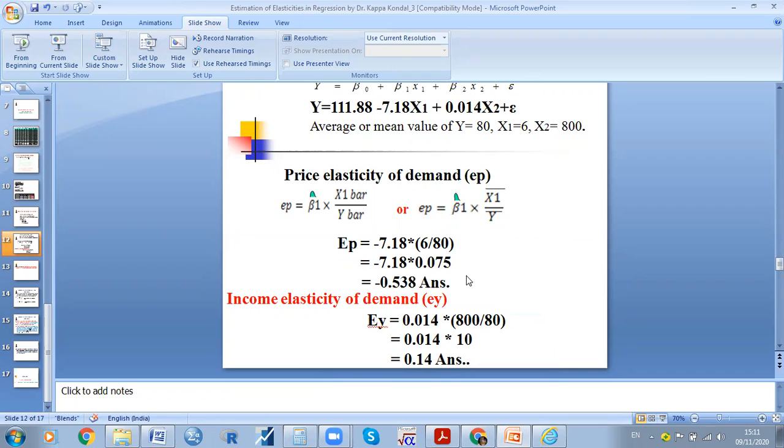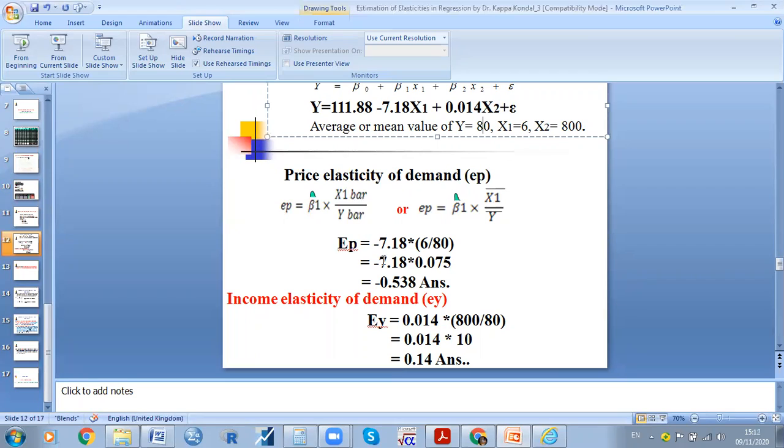Is it clear now? We can estimate the elasticities in the regression analysis. Simple, you can remember: elasticity is equal to the coefficient beta 1, which is minus 7.18, into x1 bar, the average of x1, which is 6, divided by the average of y, which is 80.